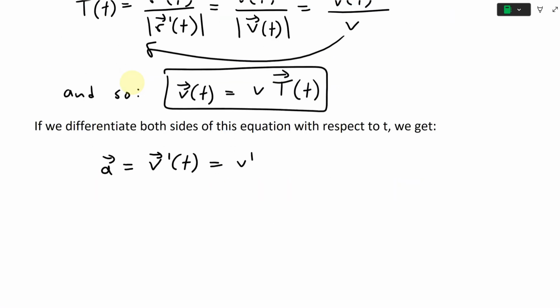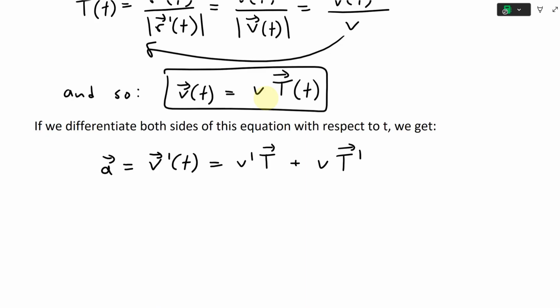It's the derivative of the speed, v prime, times T, plus, again using the product rule, v, the speed, times the derivative of the tangent vector, T prime.